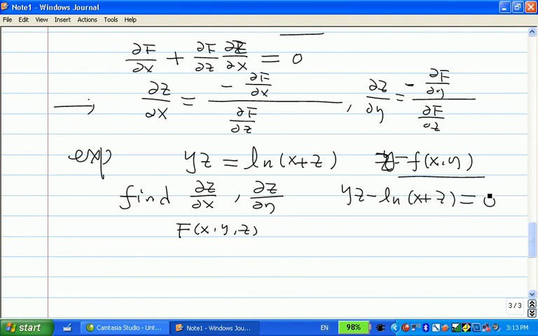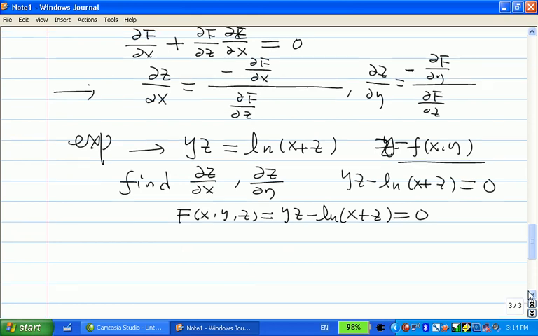That's the first thing you need to do: move everything to one side. So your F(x, y, z) equals yz minus ln(x plus z), equal to 0. Write your equation in F(x, y, z) equals 0 form. Then the next thing we need to do is find the partial f with respect to x, partial f with respect to y, and so on and so forth.